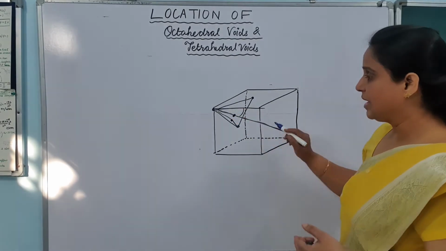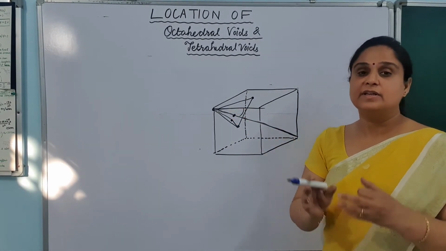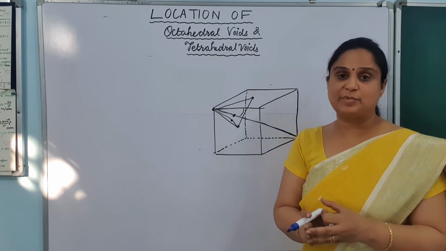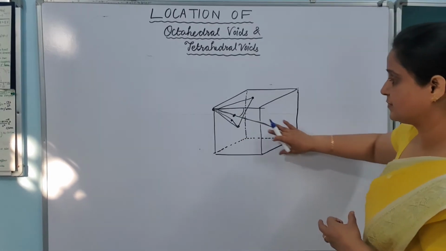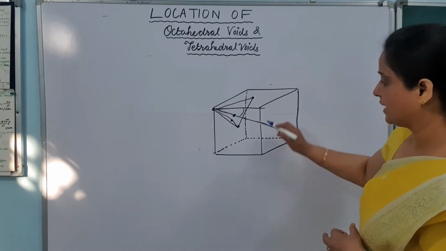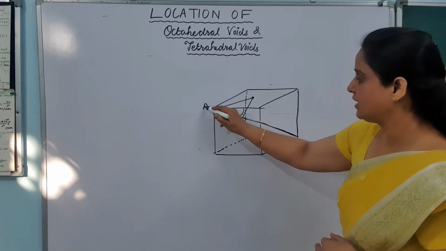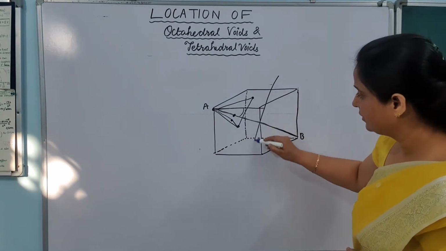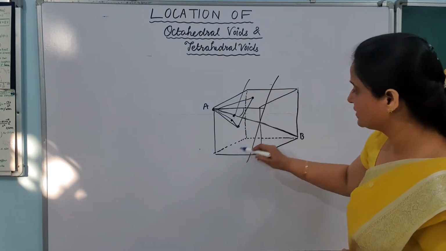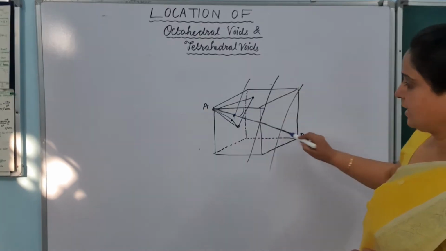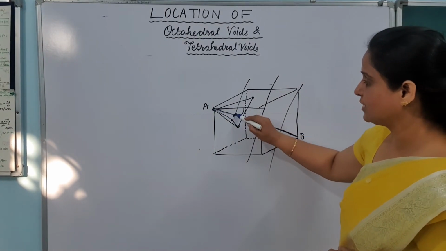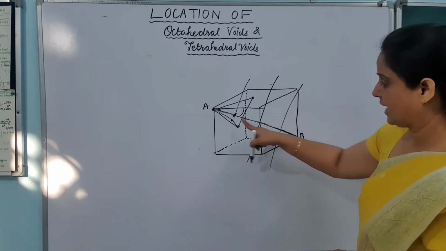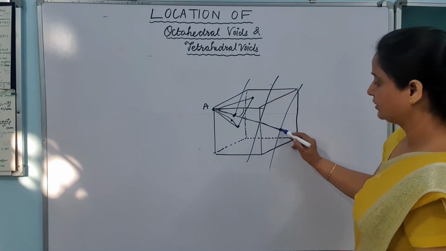If you remember, when we were deriving the relationship between the A and R for the BCC type of crystal, we have calculated this part. याद है? तो हम लोगों ने ये part याद किया था, and this A, if it is A and B, so actually it is found at the 1/4 distance of A and B. So this is found at the 1/4 distance, and at a particular diagonal we will be getting 2 voids.